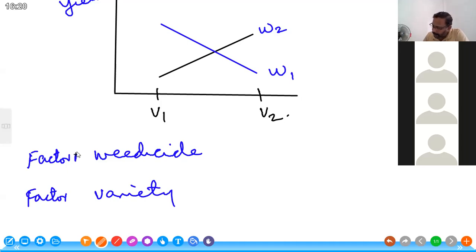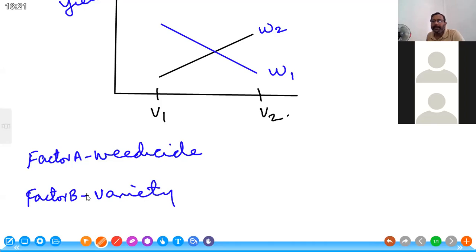So I say factor A is we decide, factor B is variety. Because just giving the name factor will not work, because we want to identify them. So we decide is factor A, variety is factor B.